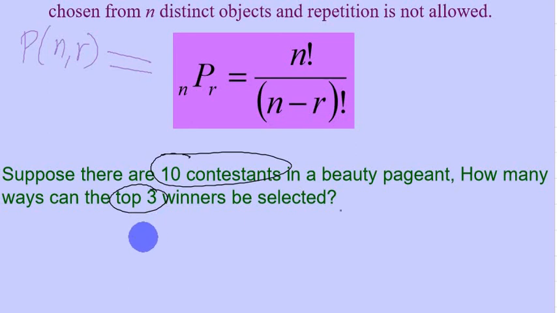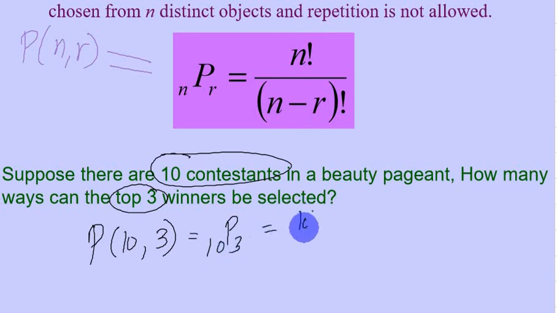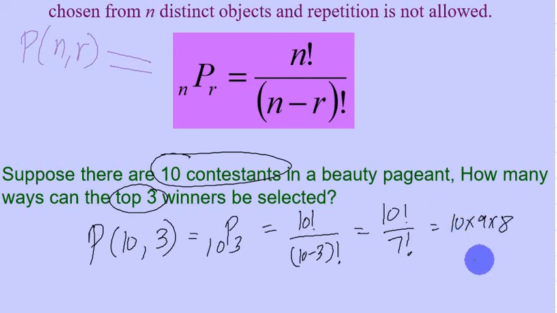Then it can be expressed as the permutation of 10 taken 3 at a time, or 10P3, which would be 10 factorial over 10 minus 3 factorial, which would lead us to 10 factorial over 7 factorial, which would be 10 times 9 times 8, which would be equal to 720.